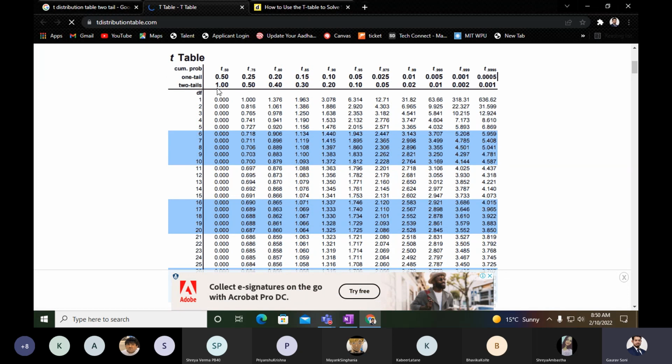If two tail is there, then 0.05, 6, and I will go for this value 2.447. In one tail, 0.05 is here, 6 is here, so that is 1.943. So this is how we differentiate.